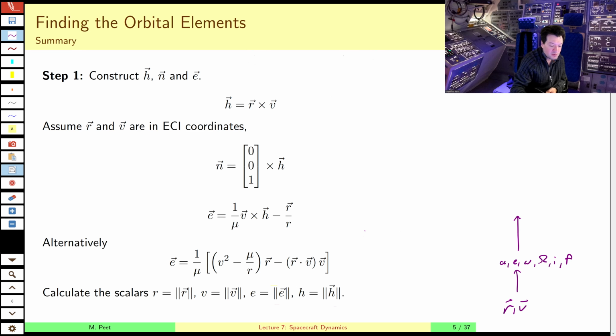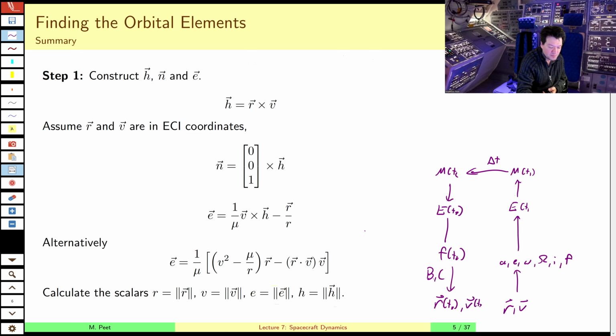And then we'll talk about getting eccentricity at T1, mean anomaly at T1, go to delta T, mean anomaly at T2, then back to E of T2, then back to f of T2. And there we'll stop, because parts B and C will cover this last step, getting r and v at a future time. Okay, so let's go over it. You start with the position and velocity vectors at some initial time, T1.